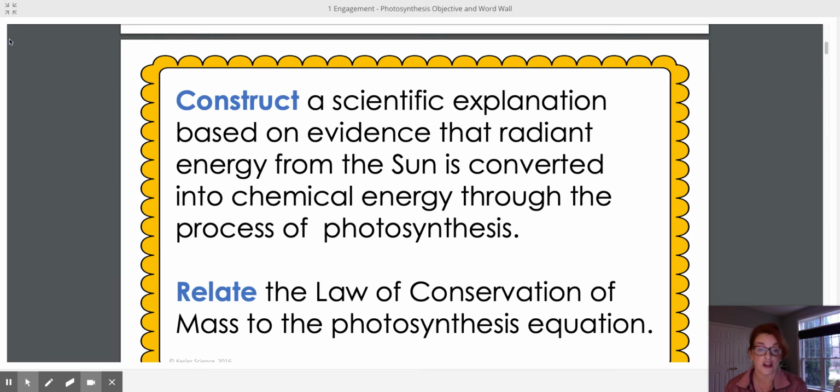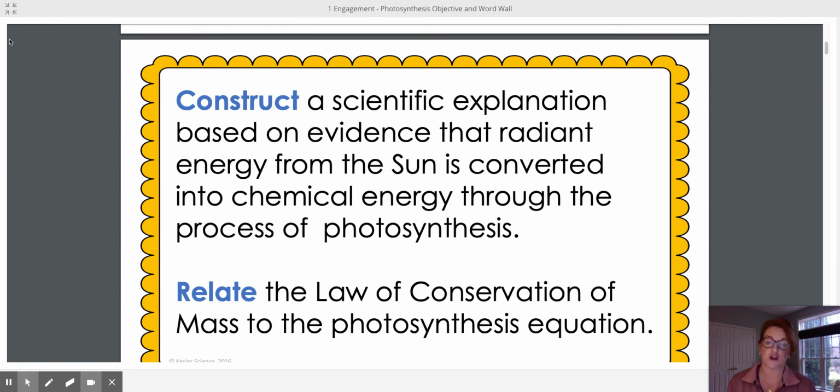That was that energy from the sun, or the light energy. And so we're going to take that energy from the sun and convert that into chemical energy in what we call photosynthesis.